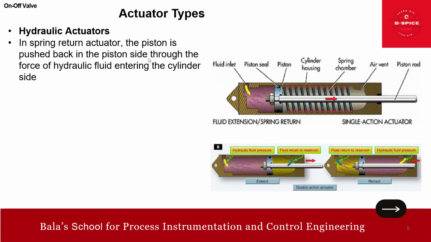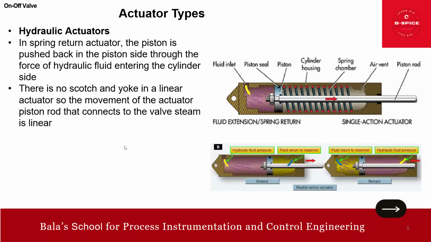As you can see here, friends, the piston is pushed back through the force of the hydraulic fluid entering the cylinder. So this is your fluid extension and spring return, and this is your single acting, one side.